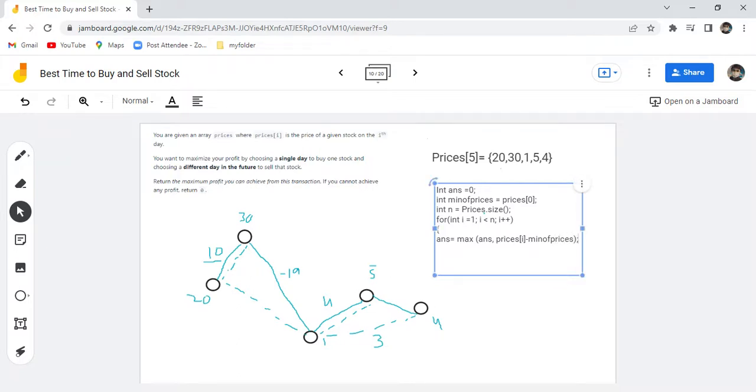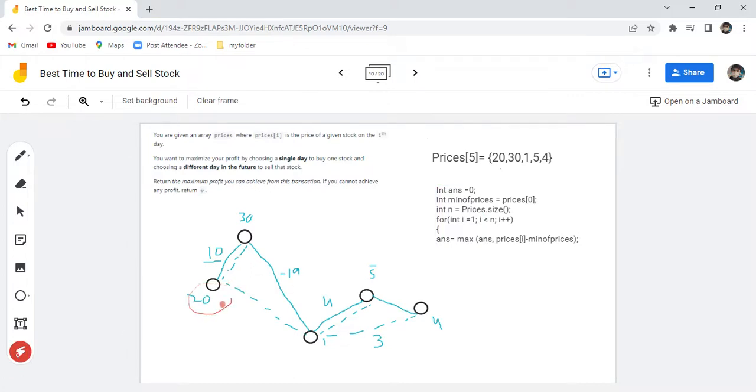The line simply means that we have to find the maximum of answer and prices[i] minus minimum of the prices, because when we had 20 as our minimum value, this is our root node, and we will subtract the next value from this node, and similarly the next node from this value.